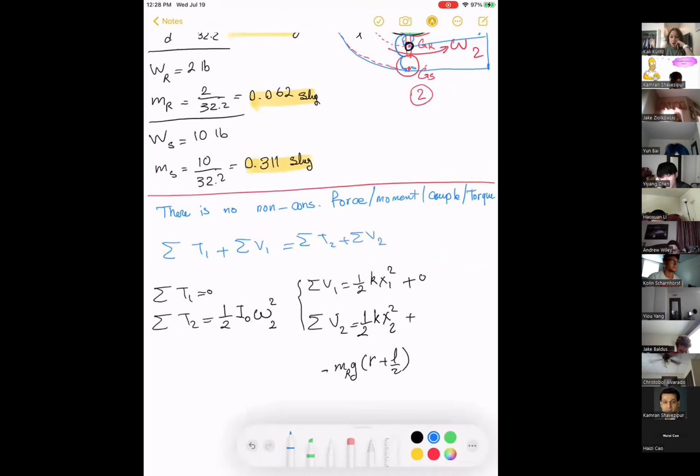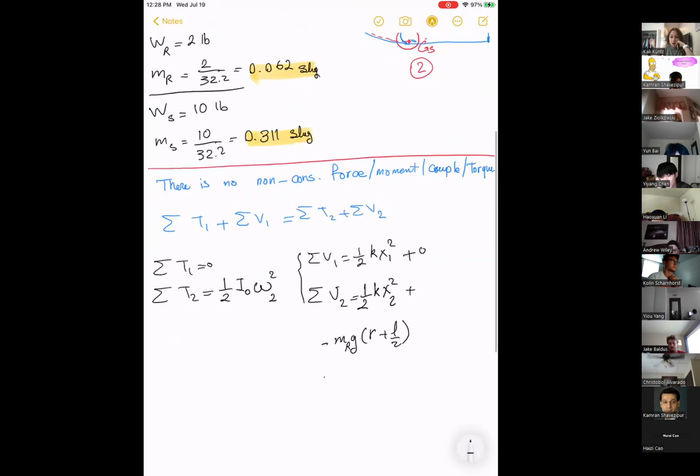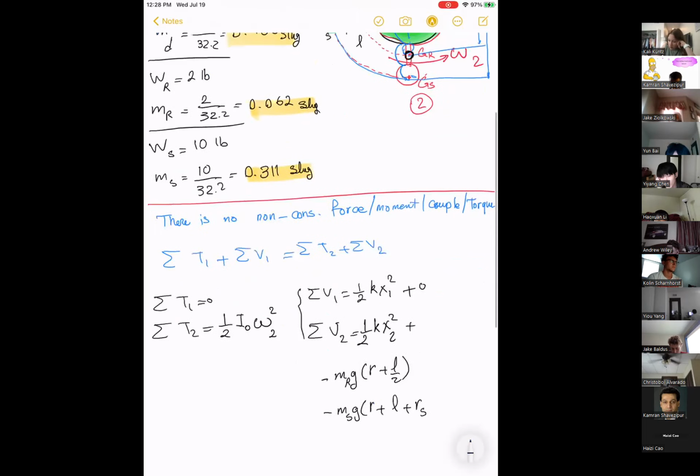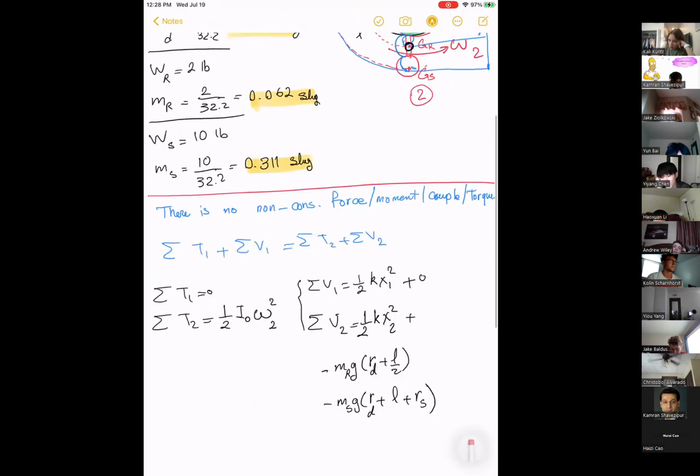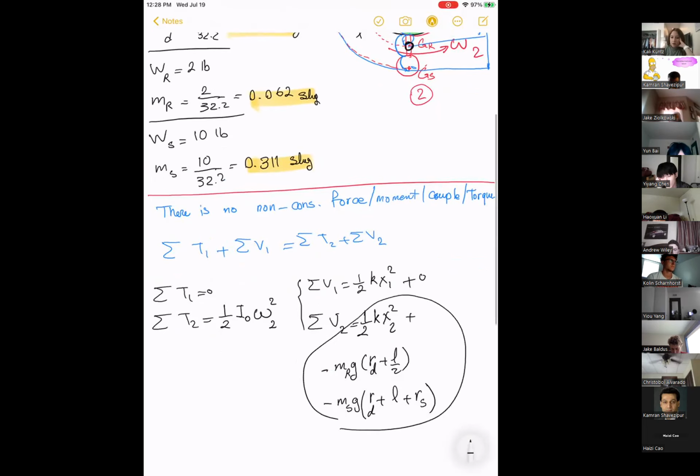So you're going to get minus m_sphere g times R plus L plus R_sphere. When we say R, this is R for the disk. I think I should use D here. So this is all coming together as V2.